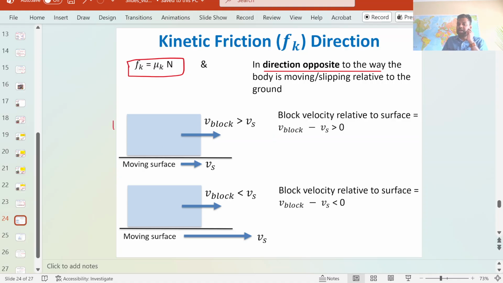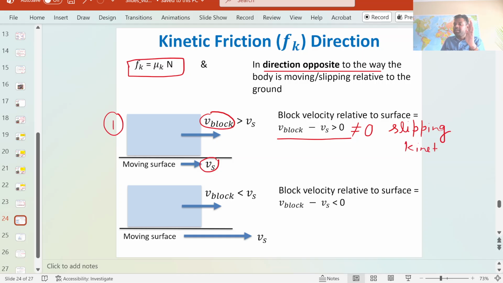So look at the first example. The surface is moving to the right with the speed Vs, and the block is also moving to the right with V block. But V block is more than Vs, so the relative speed is not equal to 0, so it is slipping. So friction will be kinetic. But what about the direction? The friction on the block will be this way.